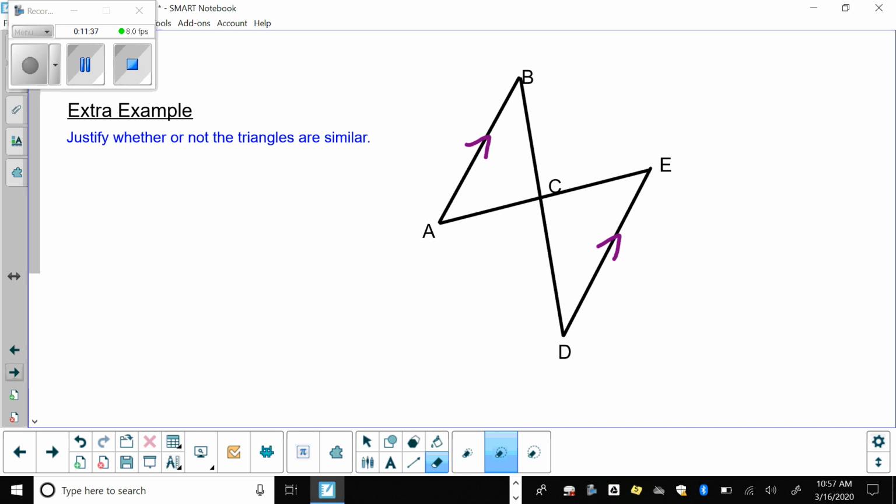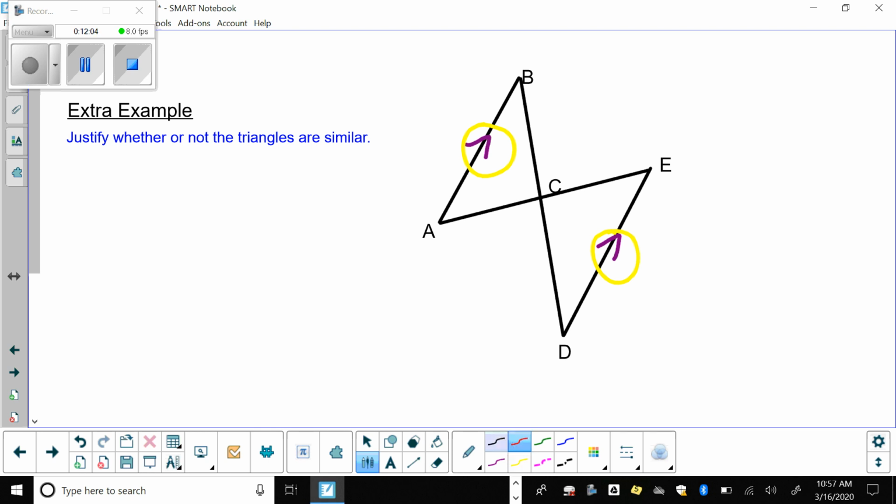Here's another example I just kind of put together. Why or why not are these triangles similar? If you recall, these arrows mean that sides AB and DE are parallel to each other. So I'm bringing back parallel lines and transversals like you did in Math 1.